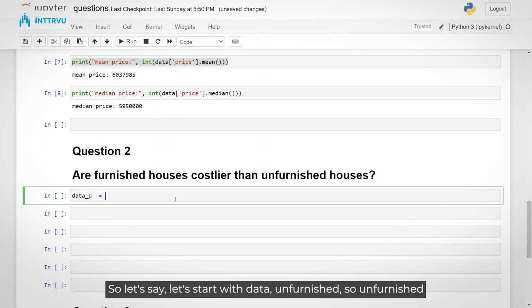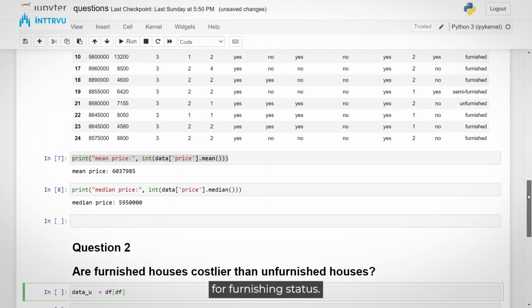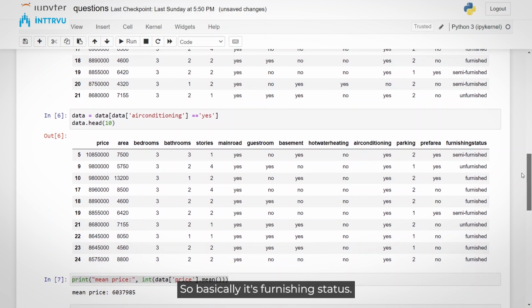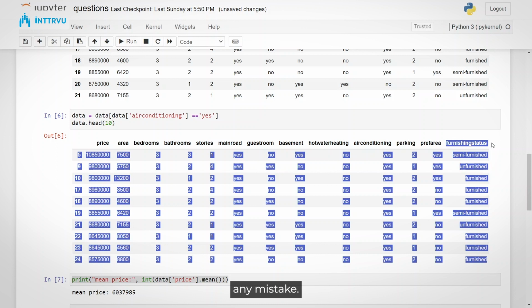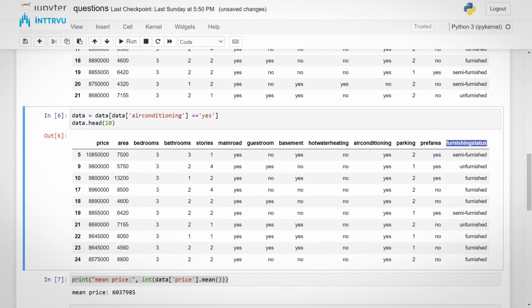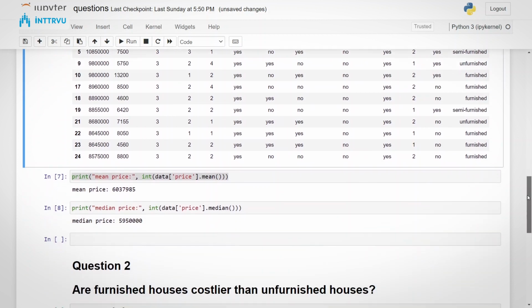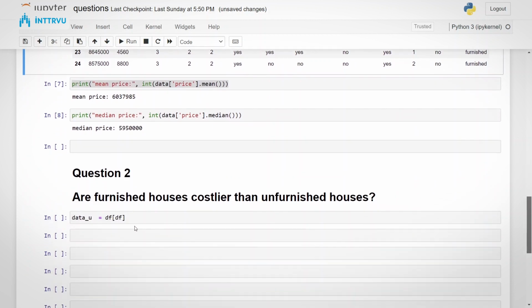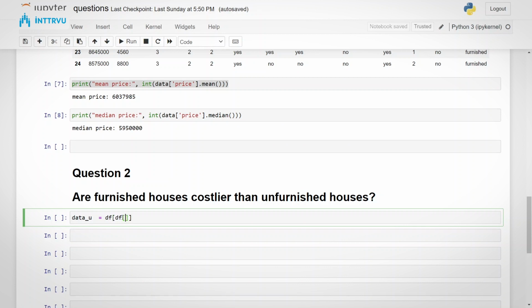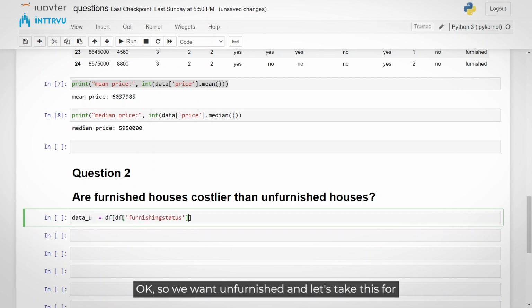So df bracket df, and what is the column for furnishing status? It's furnishing status. Let me copy it so that we don't make any mistake. Okay, so we want unfurnished.